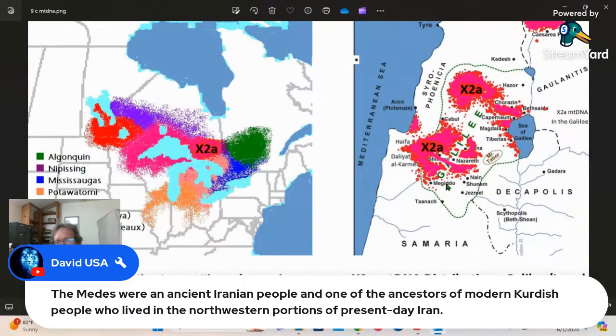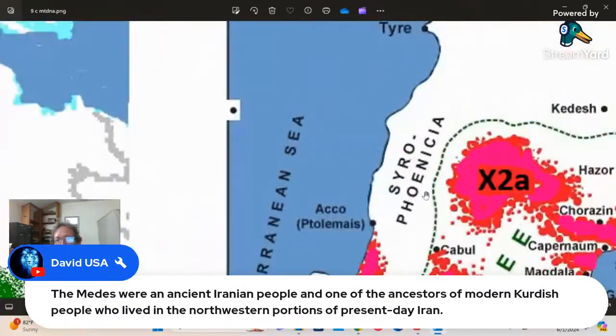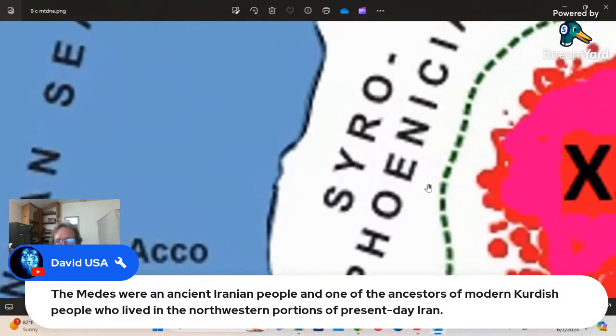And lo and behold, you have the X2A, not X2-A, mind you, but the X2A in the Galilee population in Galilee, which is Phoenicia right here. There's Tyre right there. This is Phoenicia. In case you can't see it, Phoenicia.